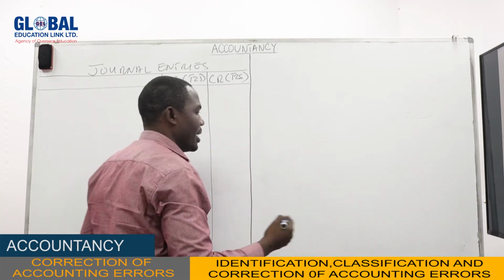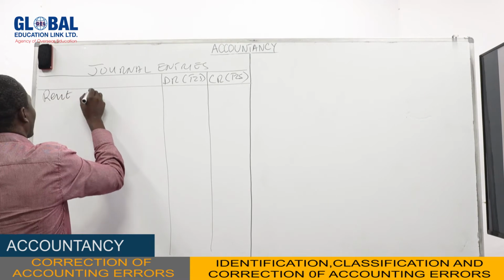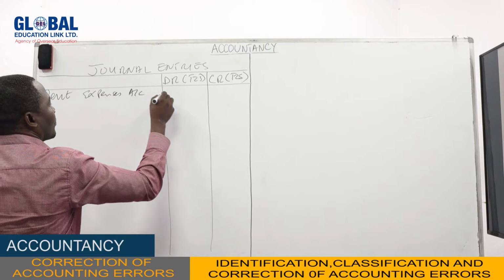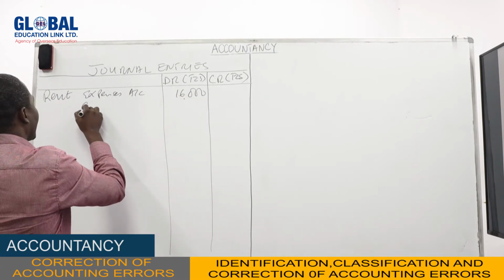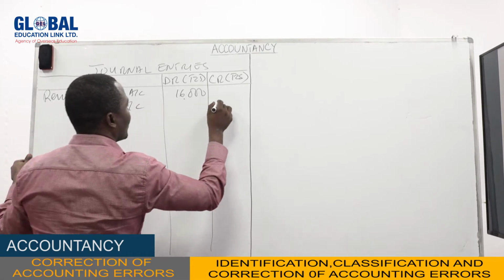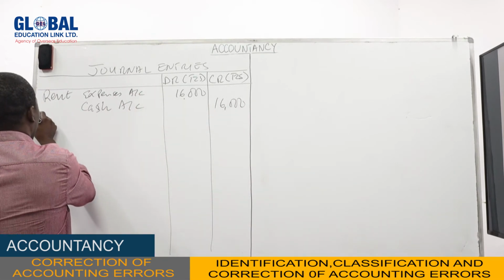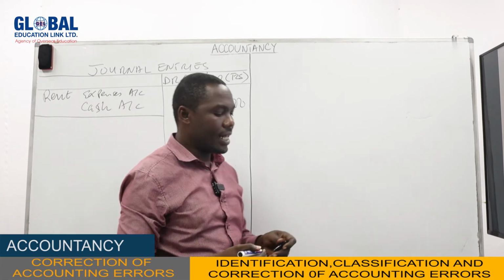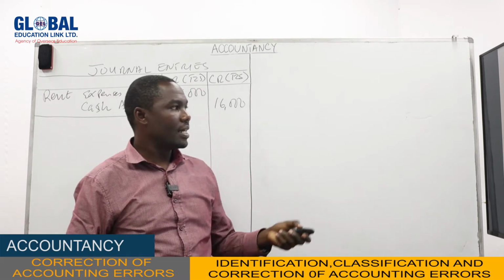So we record it. We debit rent expense 16,000. We credit the cash account 16,000. Remember to put the narration, because a journal should be narrated.